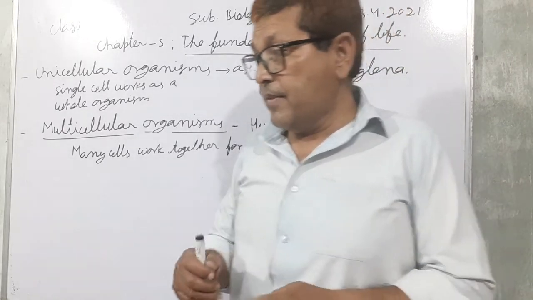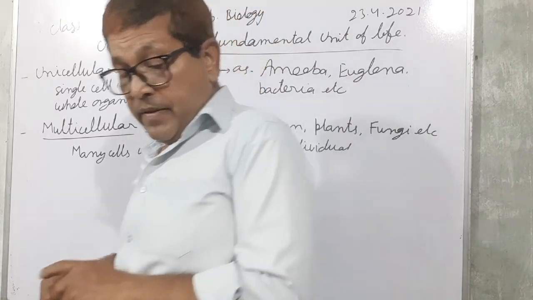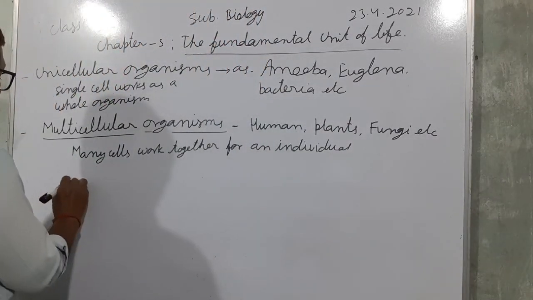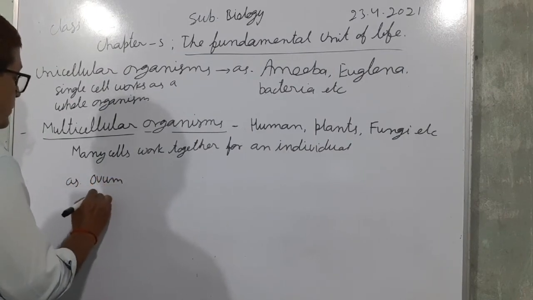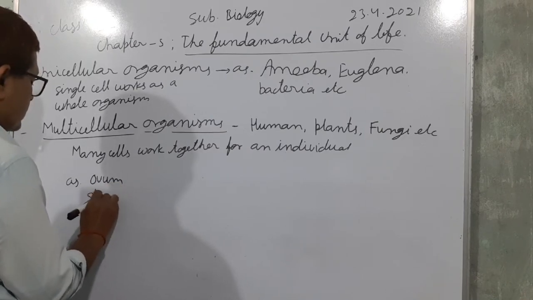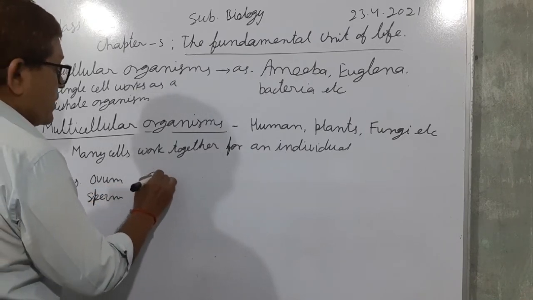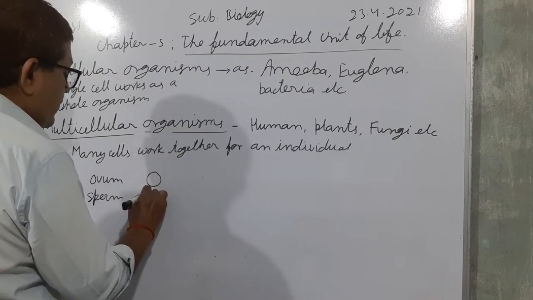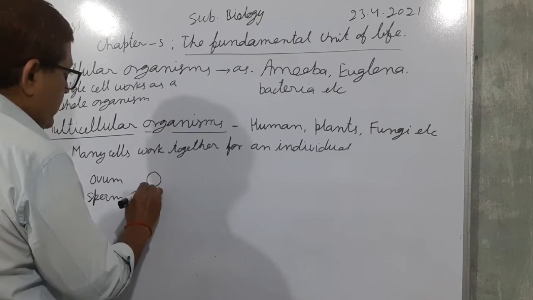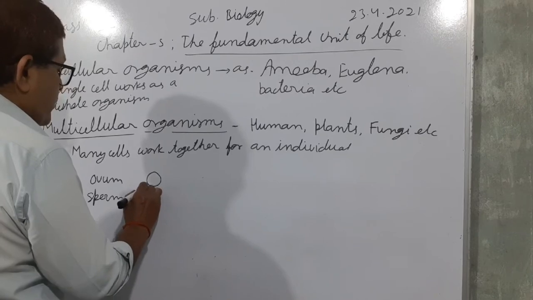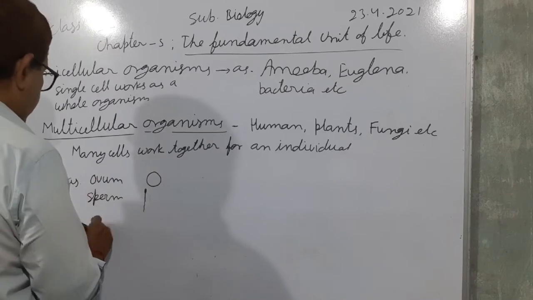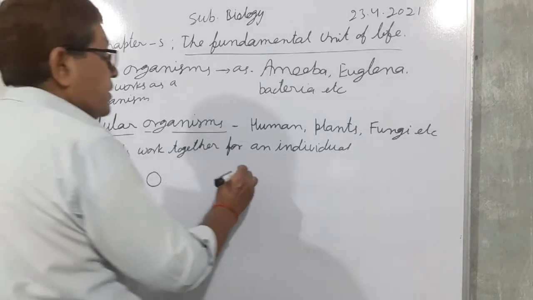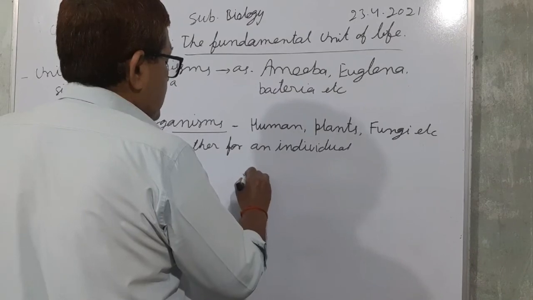As in the case of the ovum, the ovum is somewhat rounded, and the sperm has somewhat such a structure. There is a head region and a very long tail. So this is the sperm. Variation in shape is the same in the case of nerve cells.